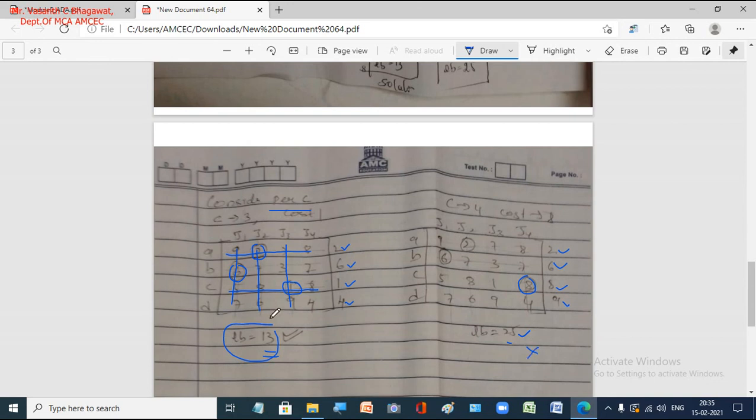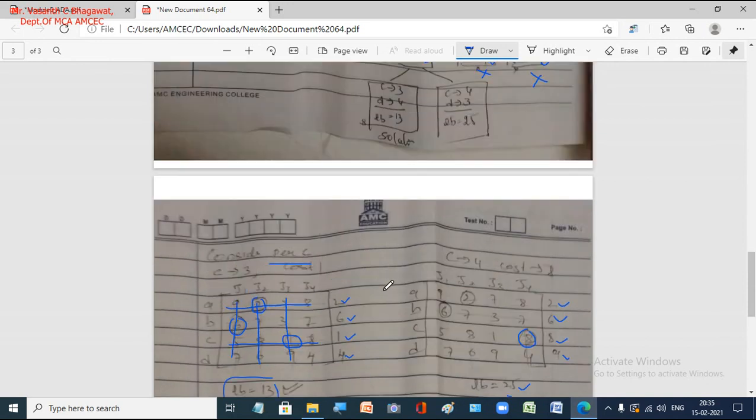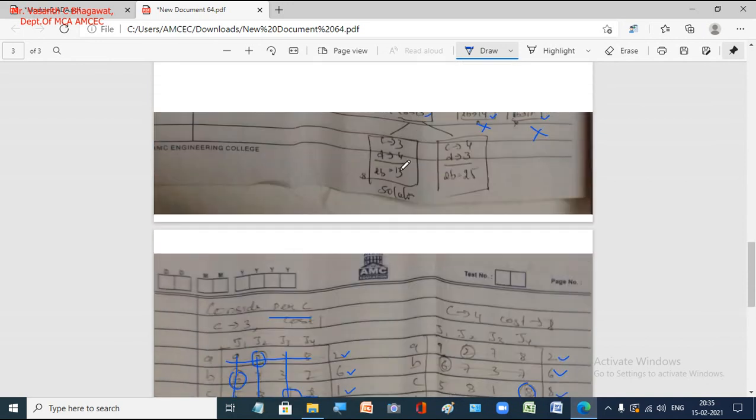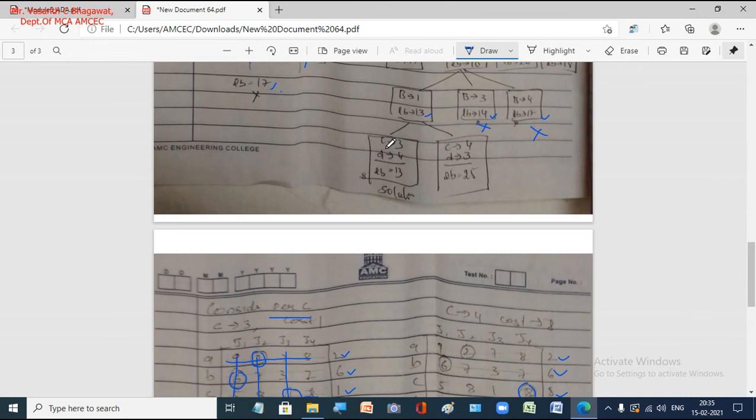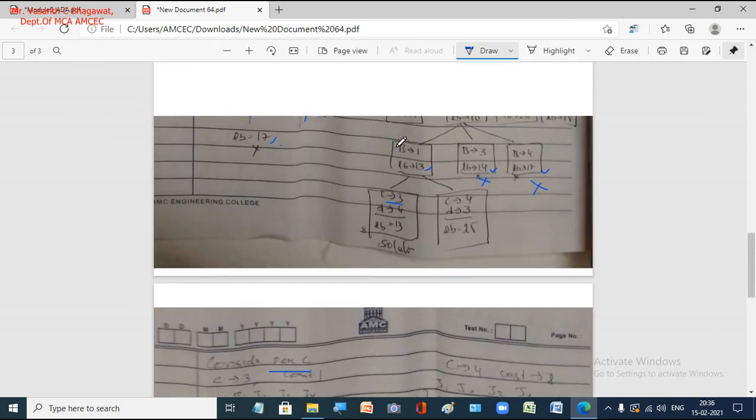So that means in this direction you are fixing job 3 to C, right? So now this is what you are going to do. Now you are fixing job 3 to C. When you fix job 3 to C, what was the lower bound you got? 13. Now how many jobs are completed?